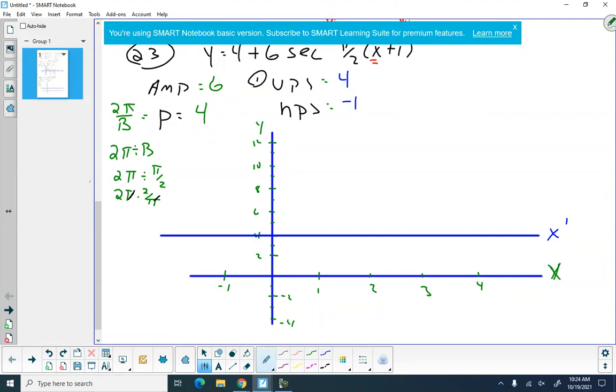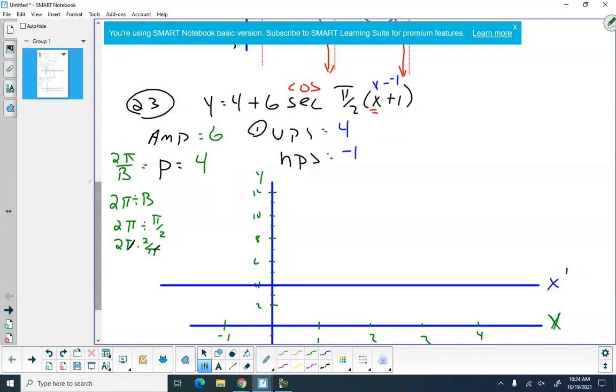Second thing we take a look at, our x start value and our trig function. We start our x at a value of negative 1. Cosine tells us to start at peaks and valleys. So you have to take a look at your amplitude to get your peak. So I'm at 4, I'm at -1 for my x. My prime axis is at 4.